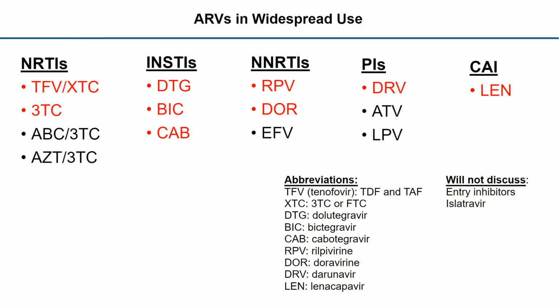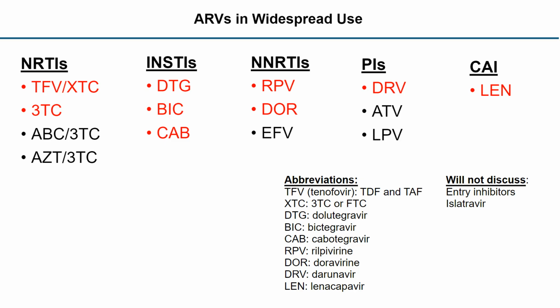For this overview of HIV drug resistance mutations, I will concentrate on the antiretroviral agents that are currently in widest clinical use. For the NRTIs, I will focus on the mutations selected by the most common backbones, tenofovir plus 3TC or FTC and 3TC monotherapy.